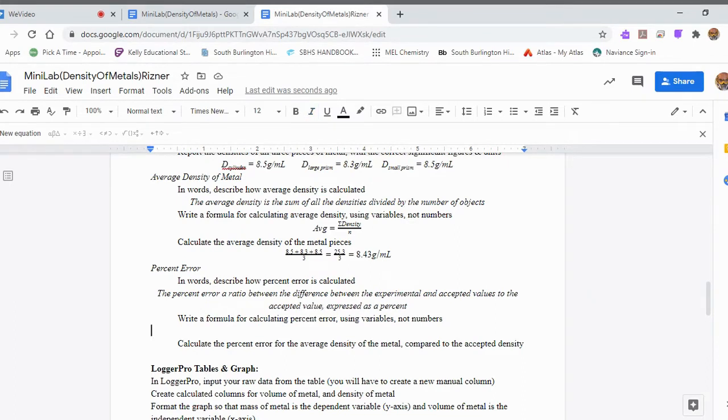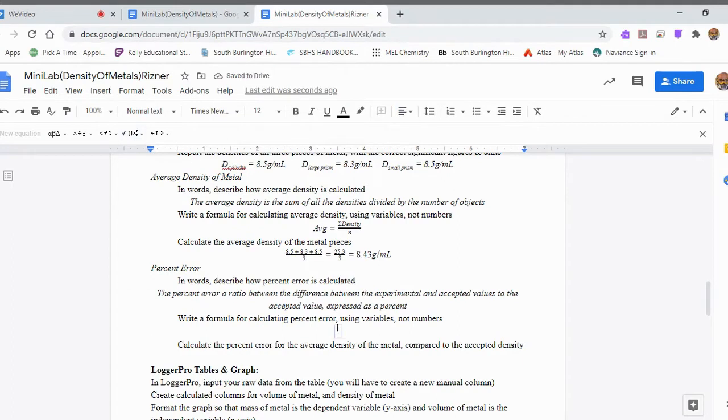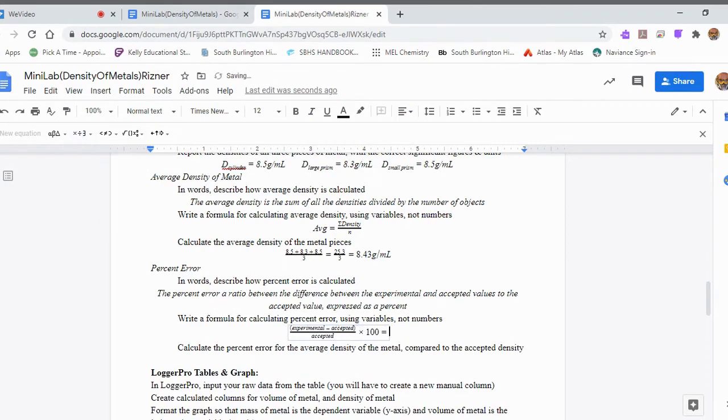The formula is going to look like this. And now I'm going to copy this formula into the next line and replace the numbers that would go in for what should be there.